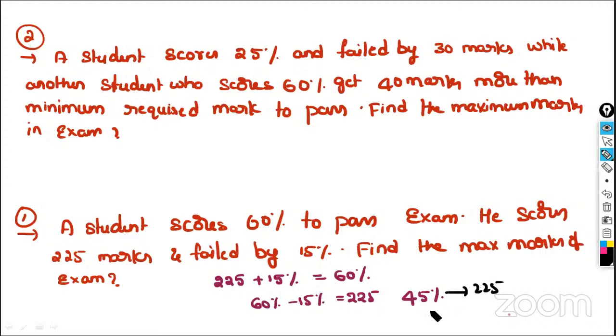So we can go like this: take 1% first, after that 100%. Why? Because every exam has 100% mark. We don't know the marks, but we have to take only 100%, right? Here 45% is 225. Then what is 100%? Clear?